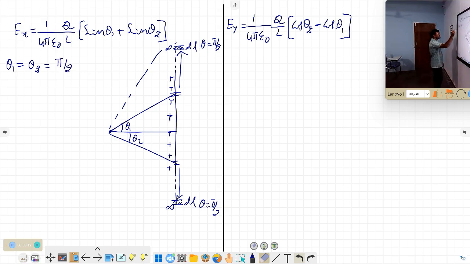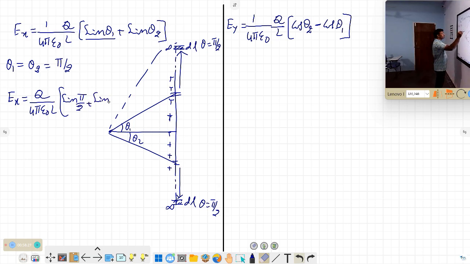If you apply that condition here, what are you going to get? Ex equal to q by 4 pi epsilon naught into L into sine 90. What is the sine 90 value? That is sine pi by 2 plus sine pi by 2. Sine 90 value is equal to 1, you know that.